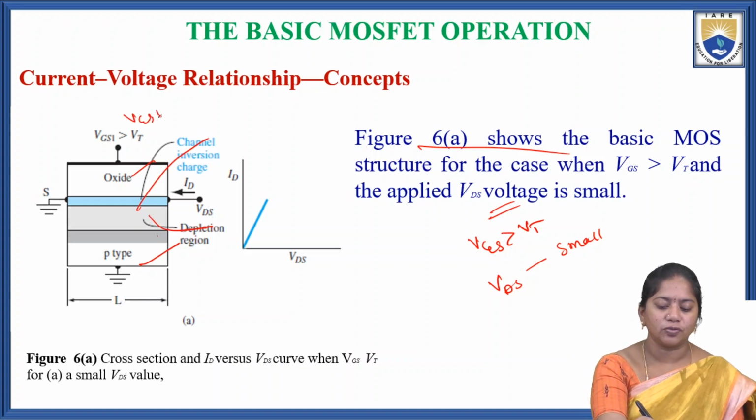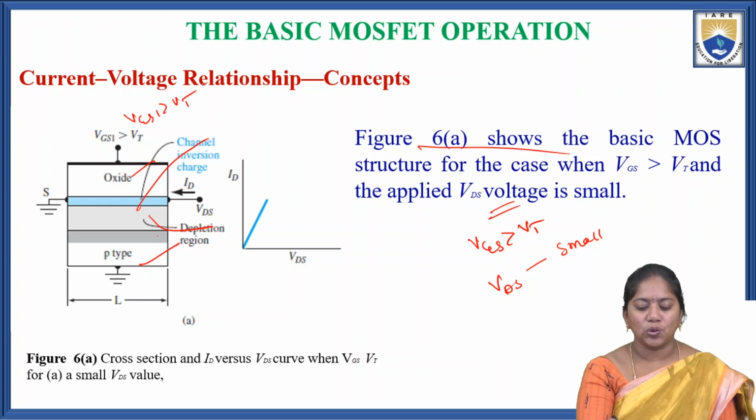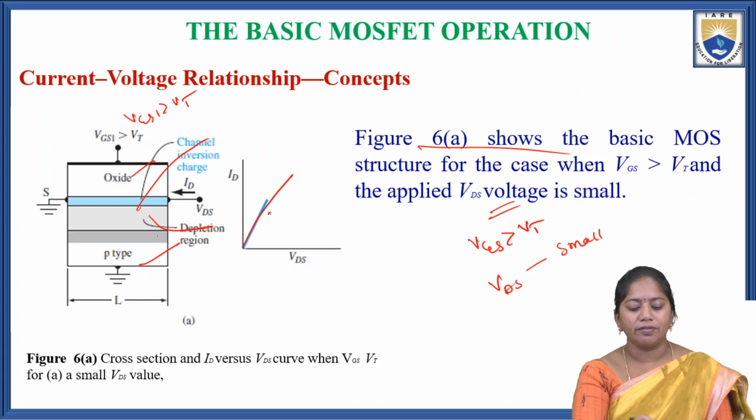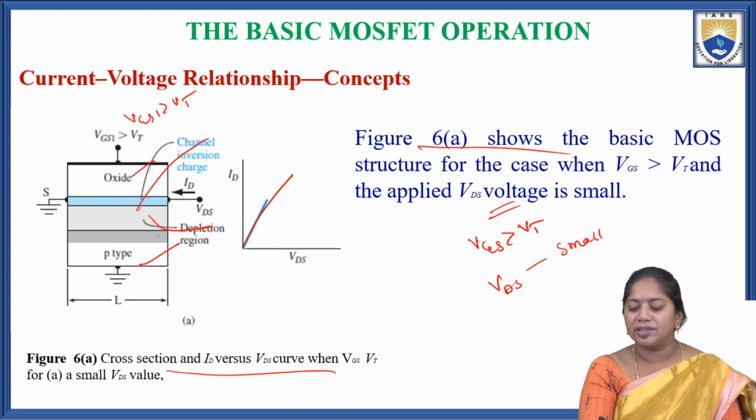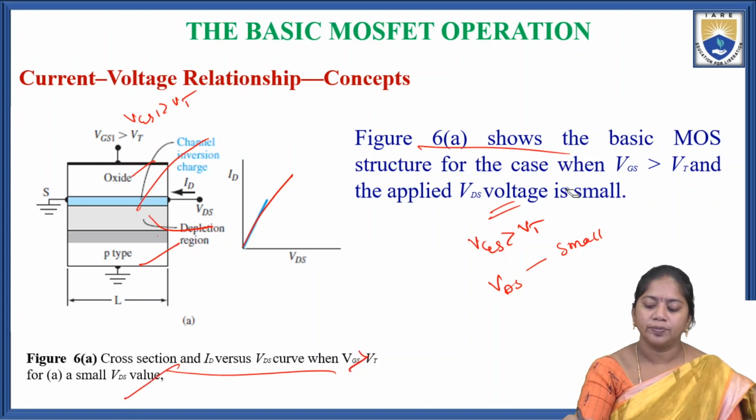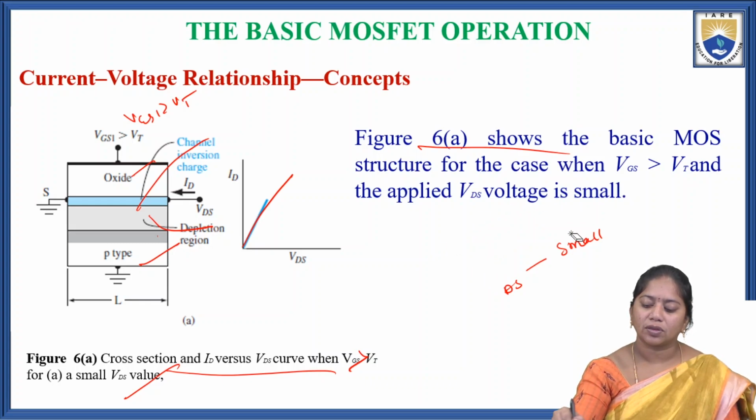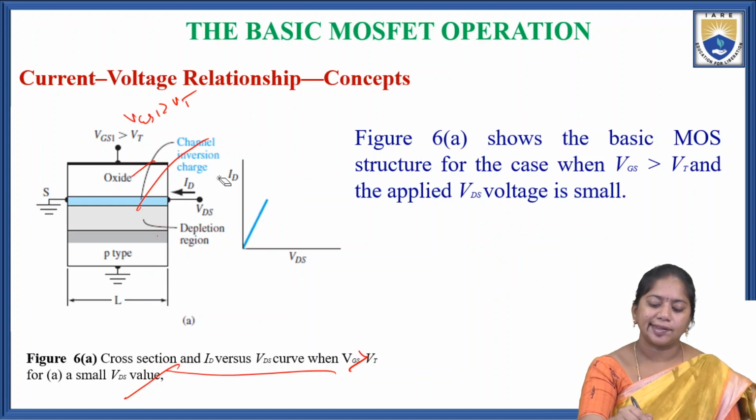Here VGS1 is greater than VT. This is the graph between ID and VDS, the cross section and ID versus VDS curve when VGS is greater than VT for small VDS values. It is also a straight line.